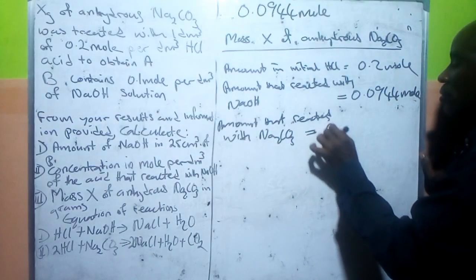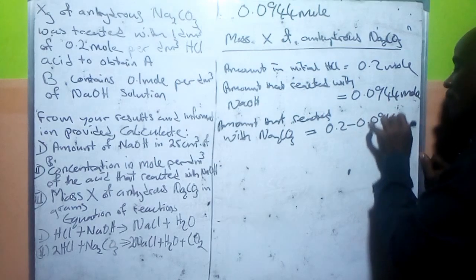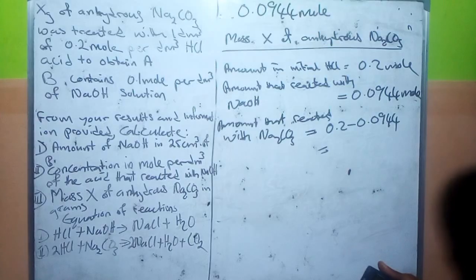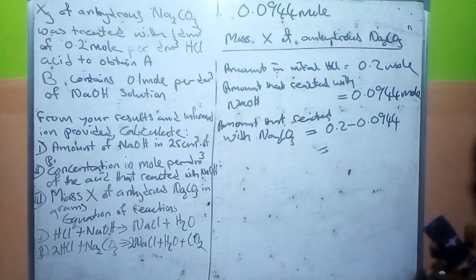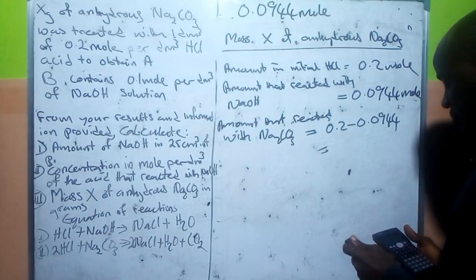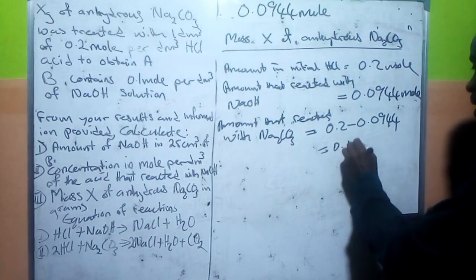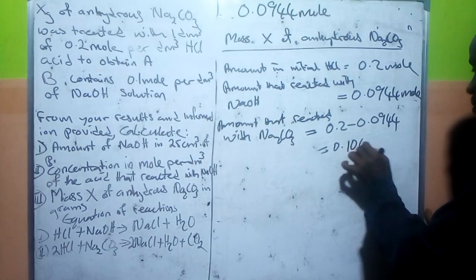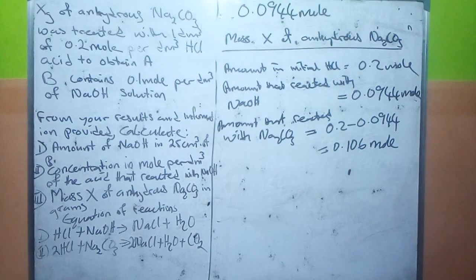That will give us 0.2 minus 0.0944, which is approximately 0.106 moles. Let's just leave it there approximately.